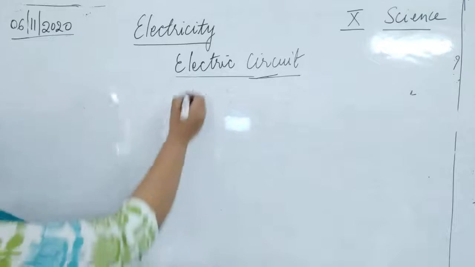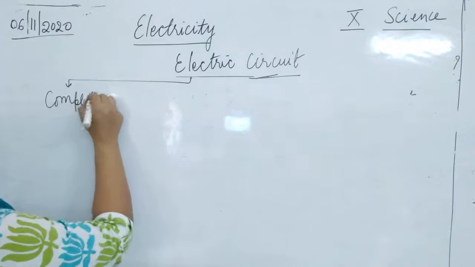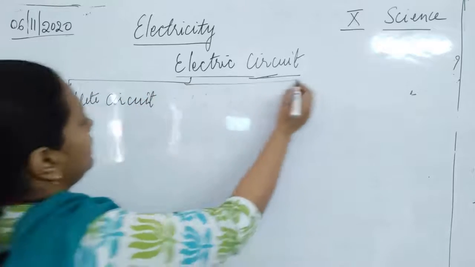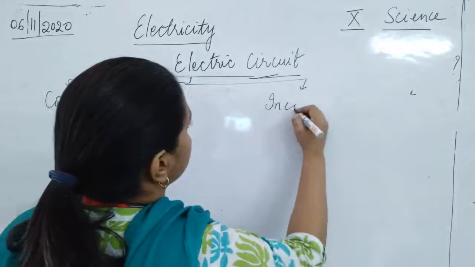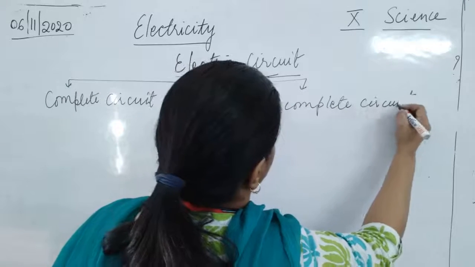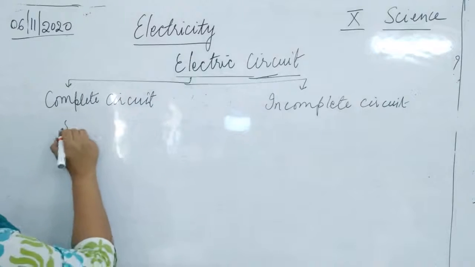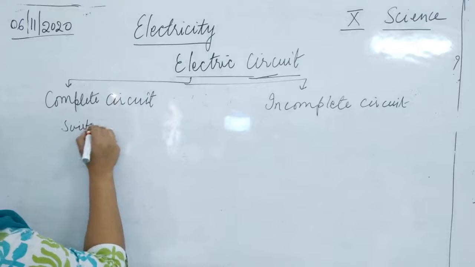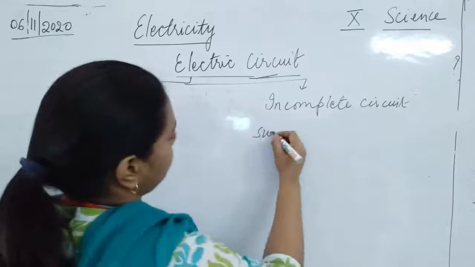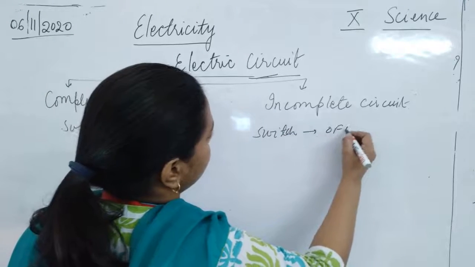Complete circuit and incomplete circuit. Okay, तो complete circuit में क्या है? Switch on condition में होगा, switch off condition में होगा.